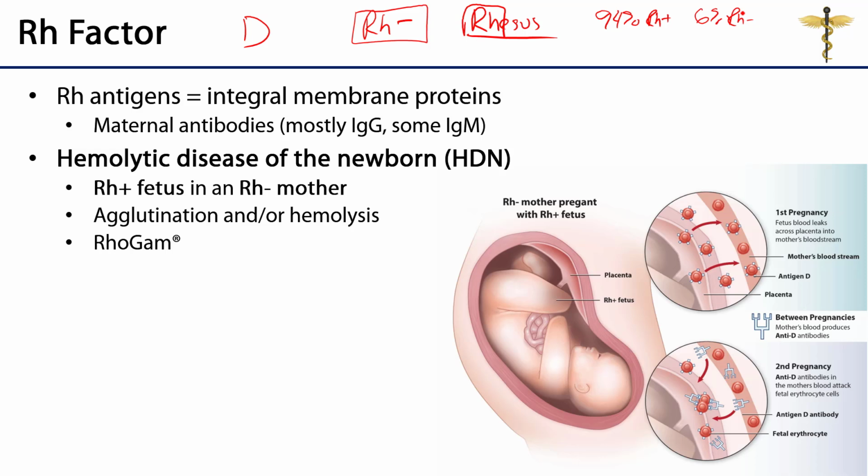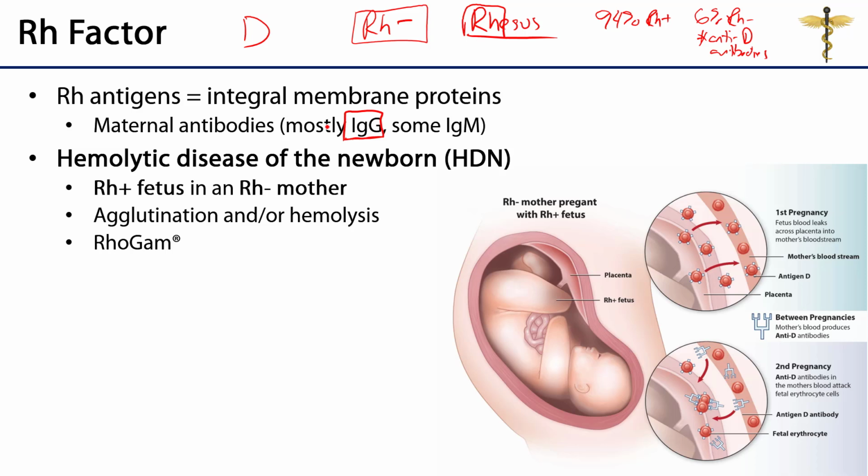Yet someone who is Rh negative is capable of generating anti-D antibodies. These anti-D antibodies are largely of a different class. They're predominantly immunoglobulin G. Immunoglobulin G is much smaller than IgM.